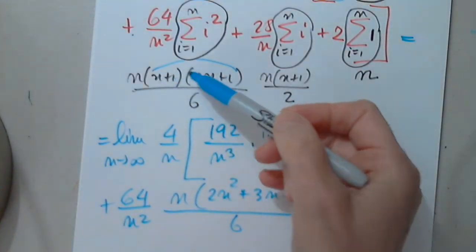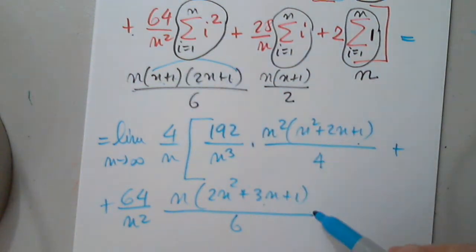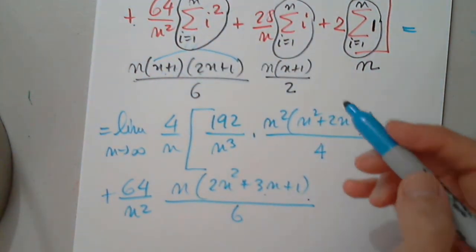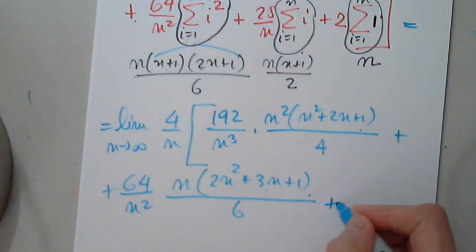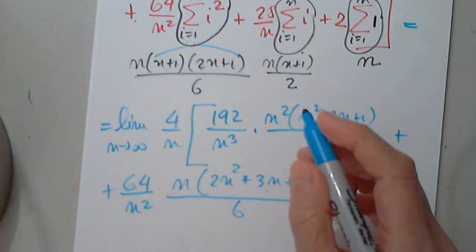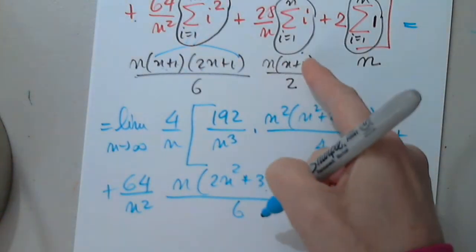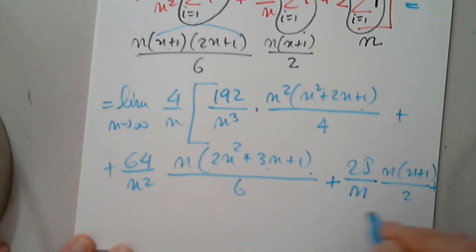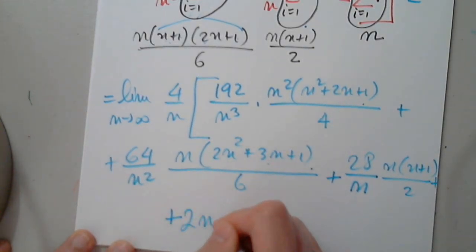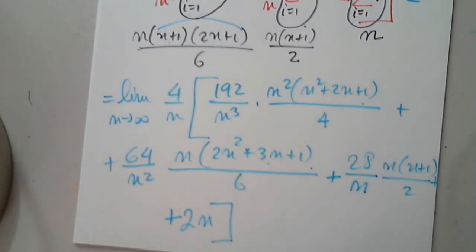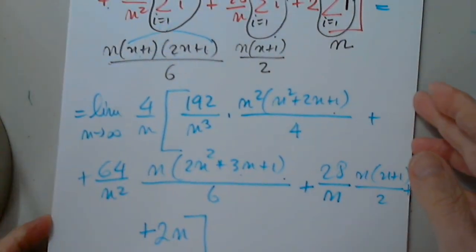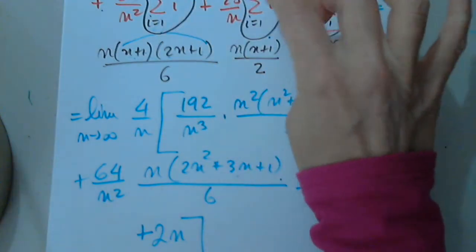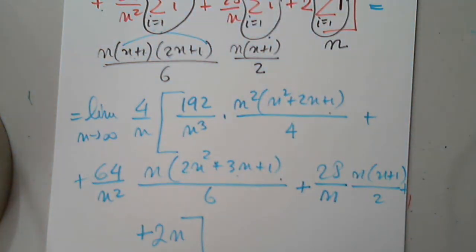So 2n squared plus 2n plus another n and plus 1. So now I have this done, so to speak. And now this plus 28 over n times n(n plus 1) over 2. And last one plus 2n. So what just happened in this step? We eliminated all the summation notations using the identities.